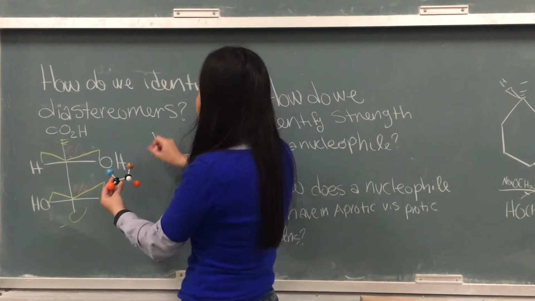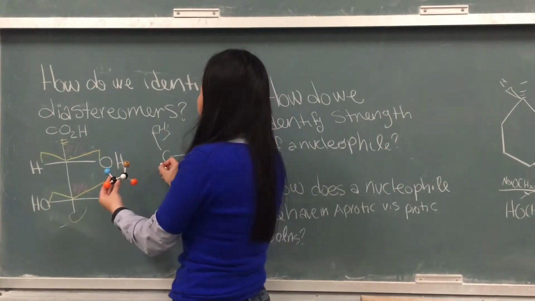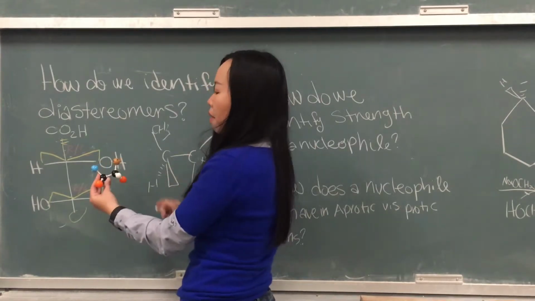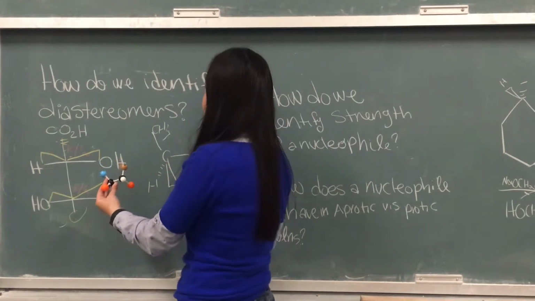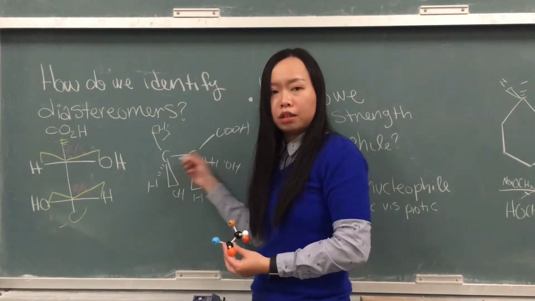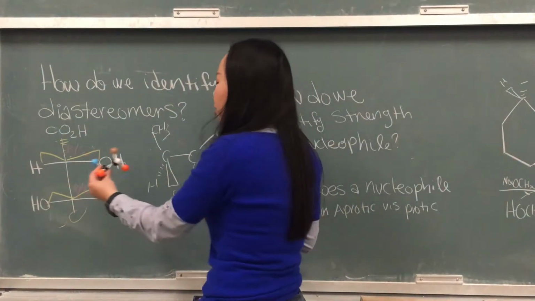In this one, your methyl group is in the plane, and you have a hydrogen dashed into the board, and your hydroxyl group wedged out. Then you assign R and S on this one. So you need to do that rotation in your head.